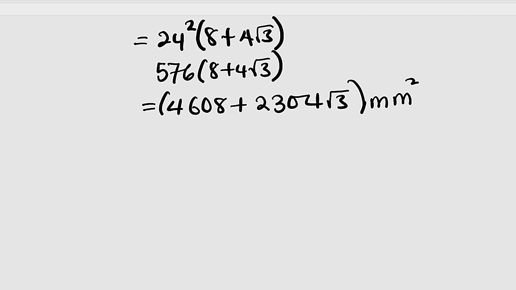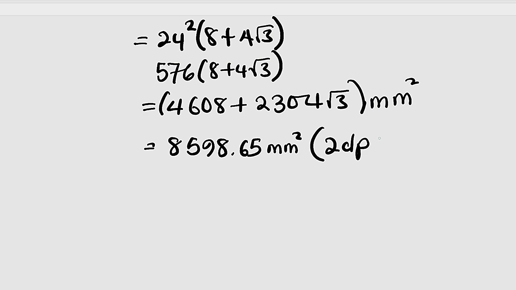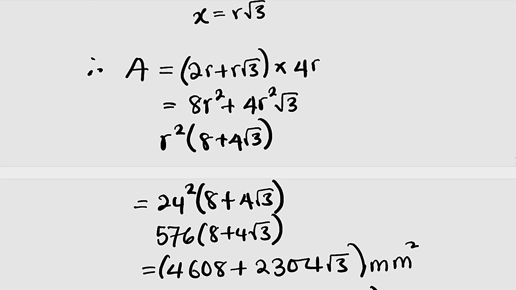Then you should add 4,608. That will give us 8,598.65 millimeters squared, in 2 decimal places, and this is said to be the area of this rectangle right here.